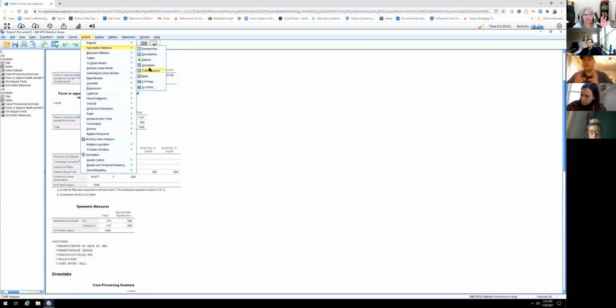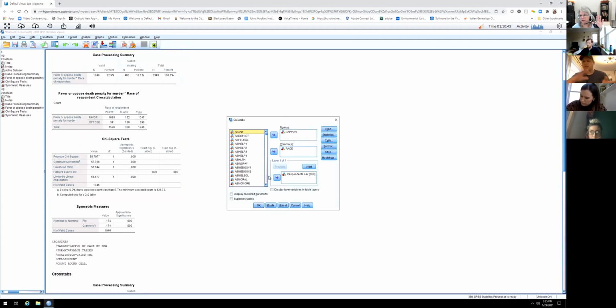Okay, but I was referring to not at a time, but in terms of our paper, we could control for like, oh, sex had no impact, but education did. Right. But when we're at the lowest level of measurement, there's only one control per crosstab that you can do mathematically. And you can see it here under analyze.